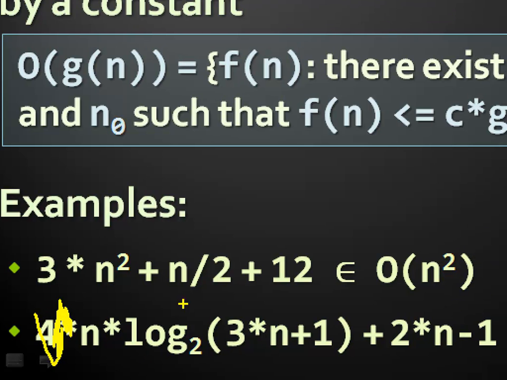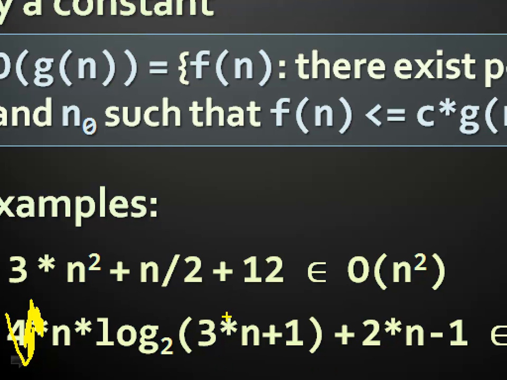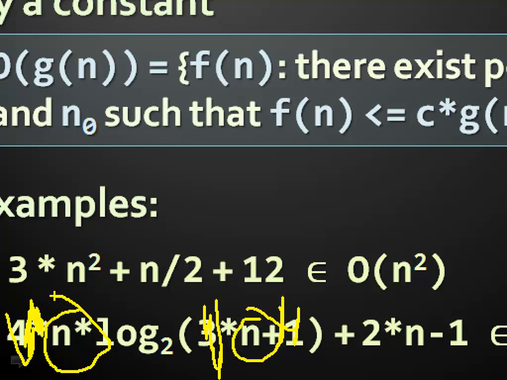Okay, logarithm of something. What's that something? Well, we have 3, we don't care about 3. We don't care about 1, but we have n. We care about n. So we have n here, and we have n in our logarithm. So this thing stays, without the 3's and the 1's and the other numbers.